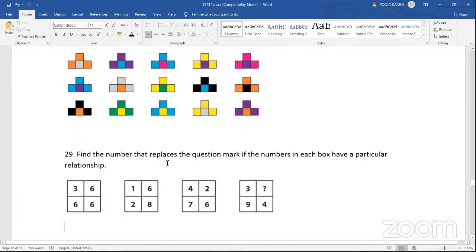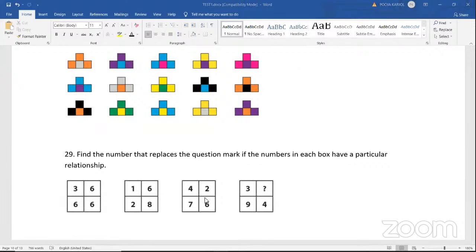What about this? Find the number that replaces the question mark if the numbers in each box have a particular relationship. 6. 7. Six, ma'am. 6 is correct. Why? 6 and 6 are 36, 2 and 8 are 16, like that.